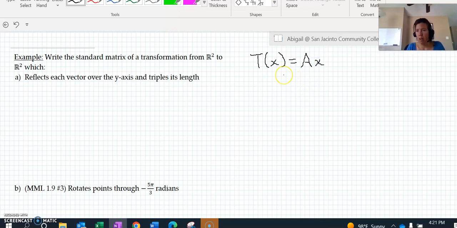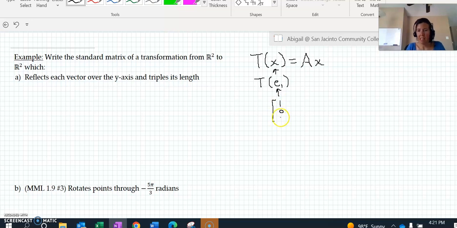Now, there's this theorem in section 1.9 that talks about an efficient way of doing this, which is you input unit vectors as your vector X. So T of E1, which, by the way, the notation here, E1 is a vector of an unspecified size, where it's got 1 in the first position and zeros everywhere else.